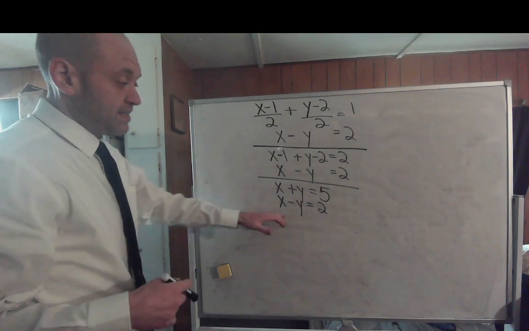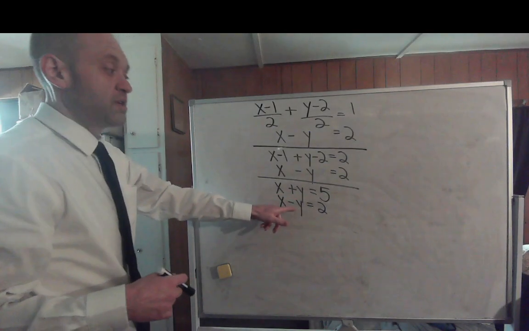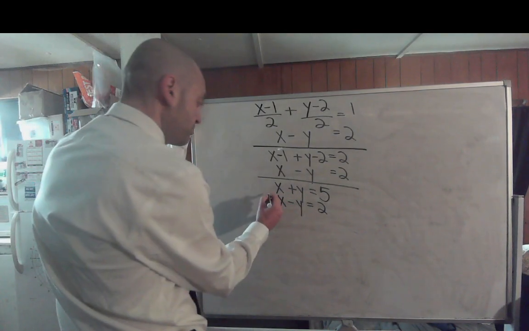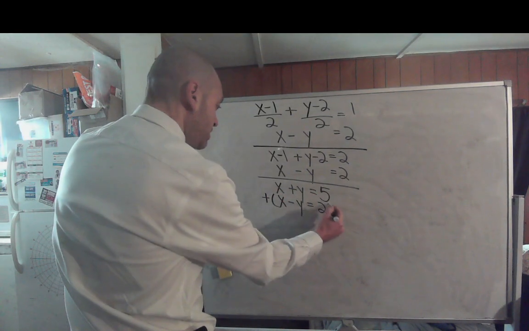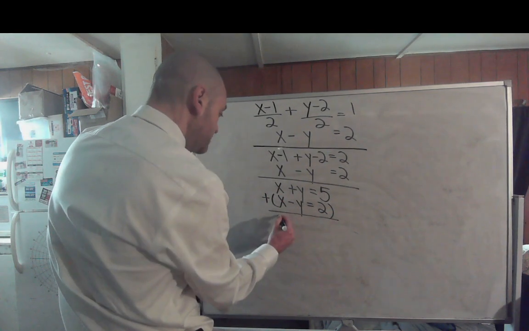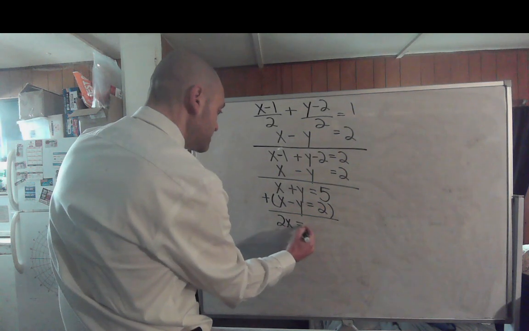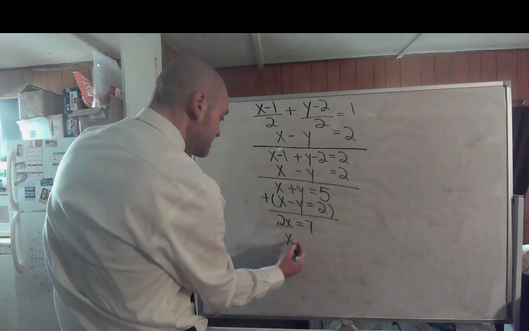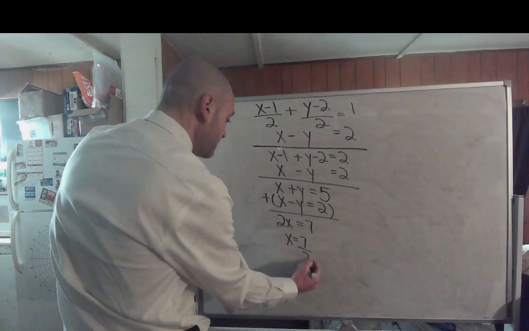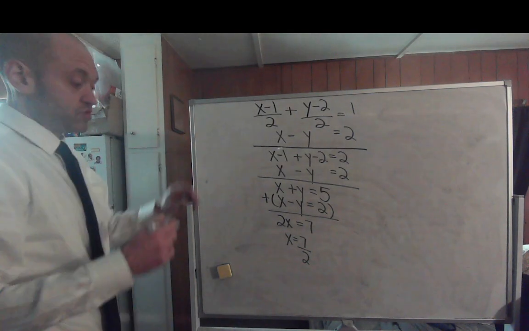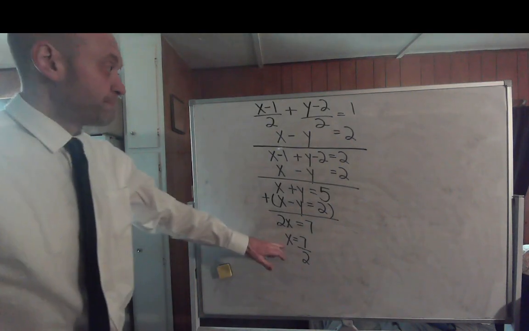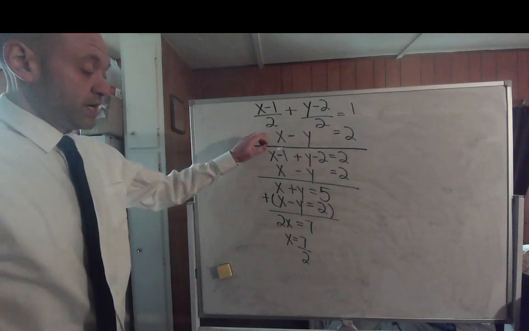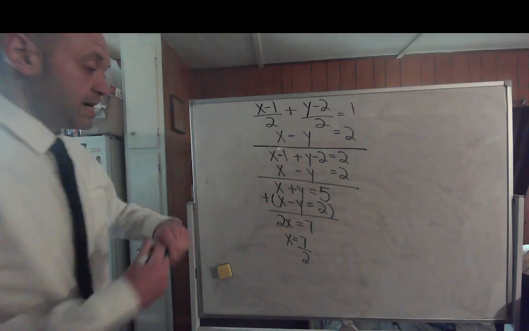Well, if you add these two equations together, you can eliminate the y variable temporarily. So the y's will go away. You'll have 2x equals 7, which means x equals 7 halves. Now just stick this into one of your original equations and you can find the value of y.